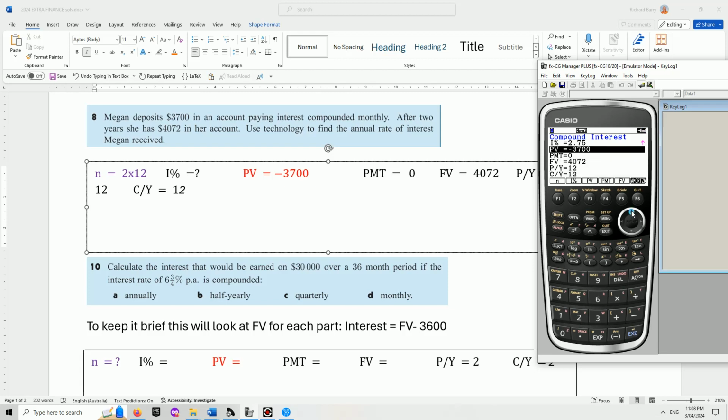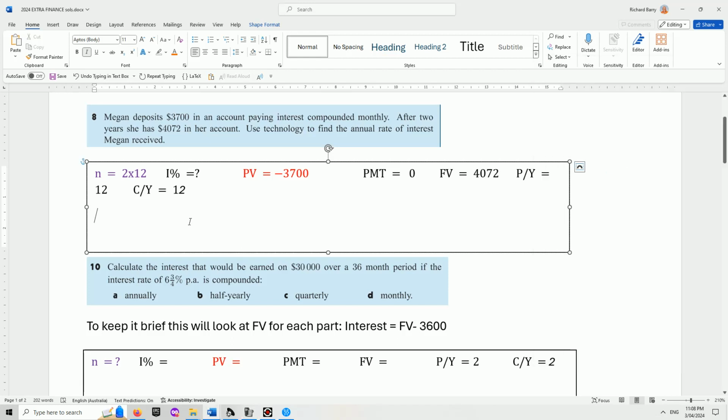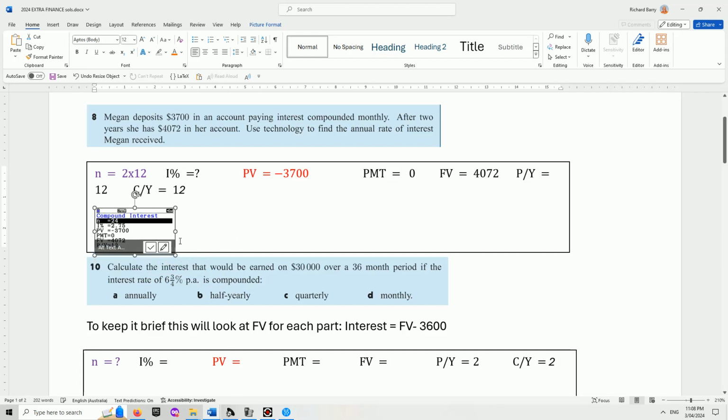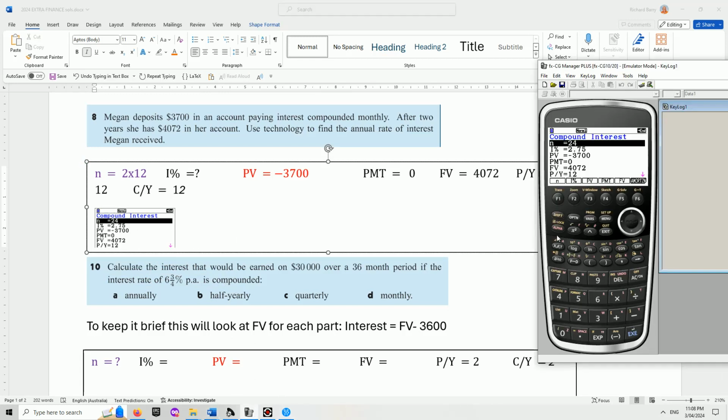Okay, I'll just go to the top, copy this, make it smaller, and now on the calculator we want to find interest, so we press F2 underneath interest.